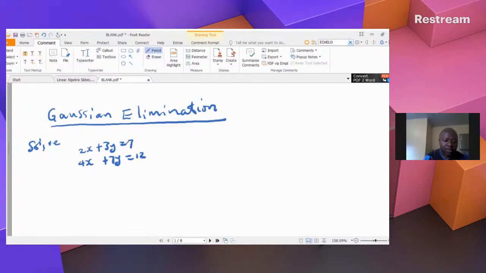Once you have several linear equations put together, we call it a system of linear equations. To solve this, the first thing we do is write the augmented matrix, and then reduce that augmented matrix to echelon form.